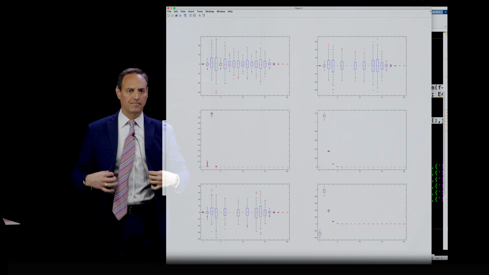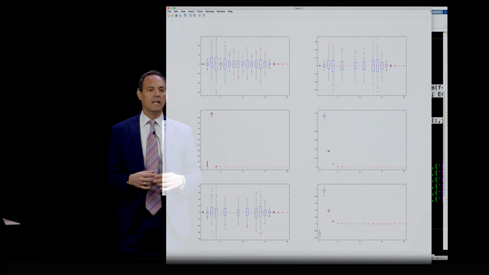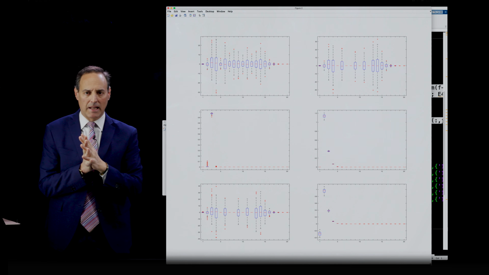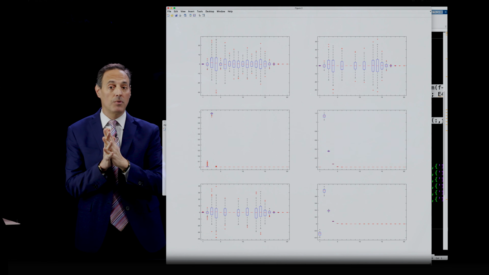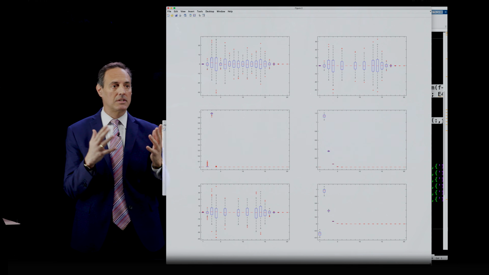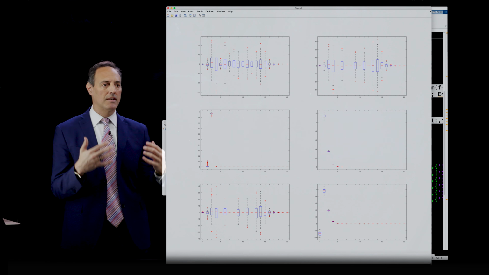Ridge. Okay? So what you're seeing here is 6 different Ax equals b solvers that are built into MATLAB. The only difference between all of them is the regularization. And you can see they produce very different results.